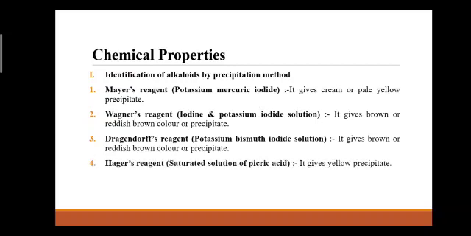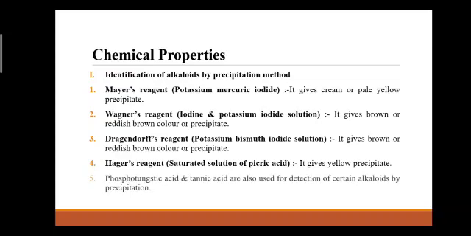Fourth one, Hager's reagent (saturated solution of picric acid). It gives yellow precipitate. Fifth one, phosphotungstic acid and tannic acid are also used for detection of certain alkaloids by precipitation.